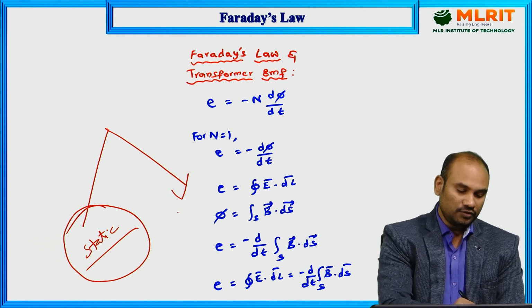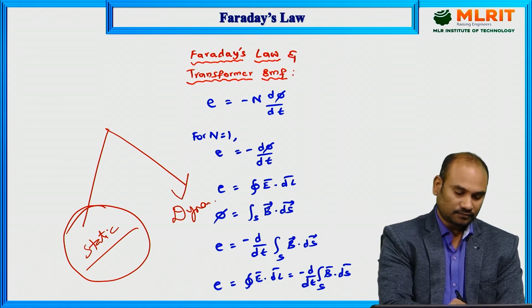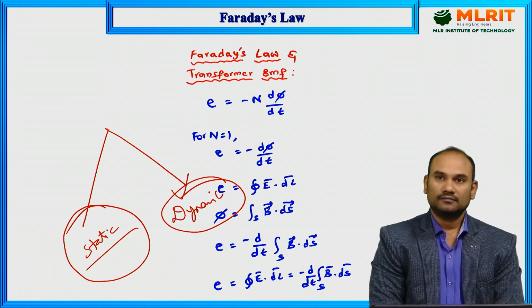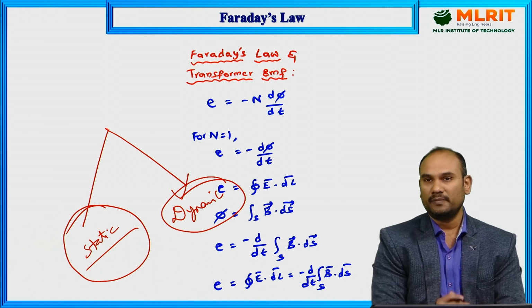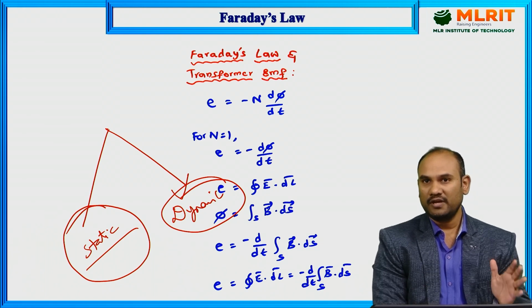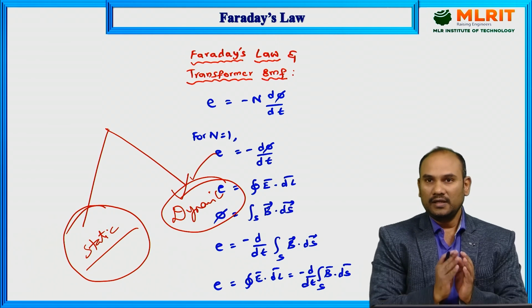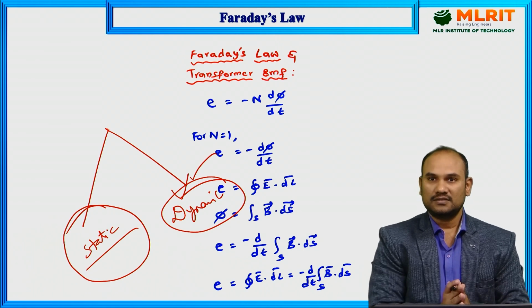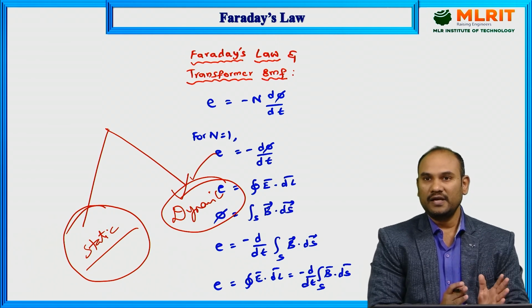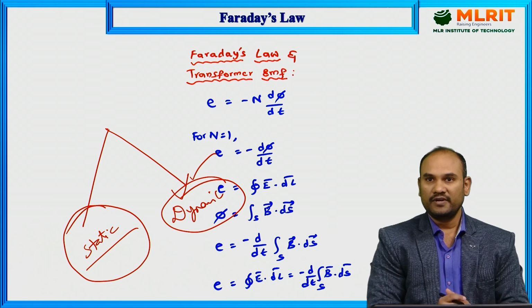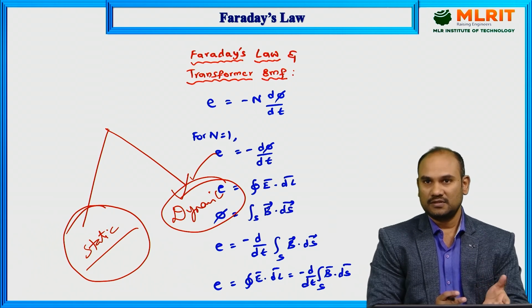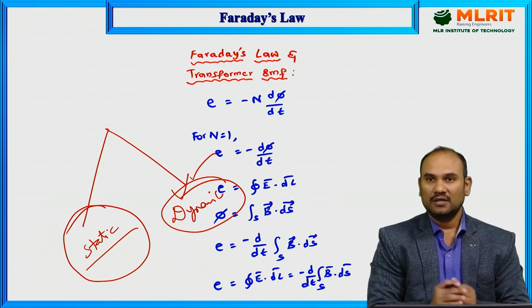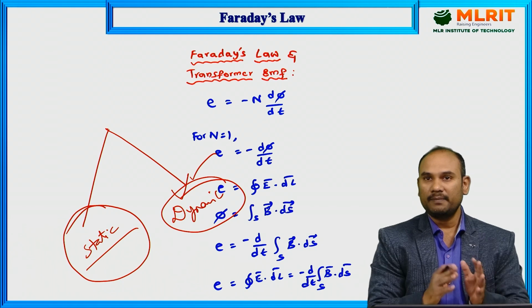Whereas if we come to the dynamic domain, which is also referred to as the time varying domain. Static means time invariant, dynamic means time varying. So it is the time varying domain. In the time varying domain, the same fields, namely the electric field, which is the electrodynamic field, and the magnetic field, which is the magnetodynamic field, these two fields are interdependent on each other.